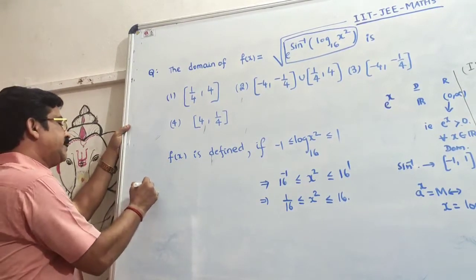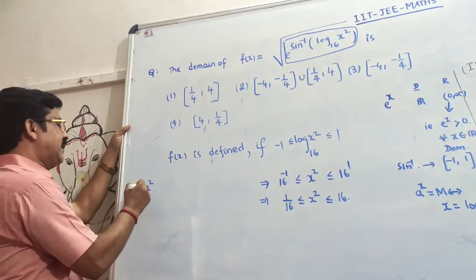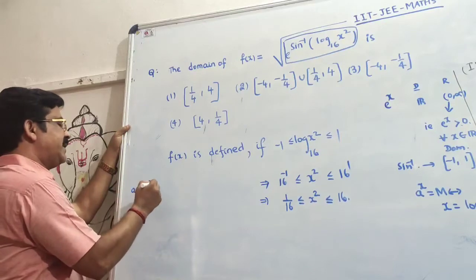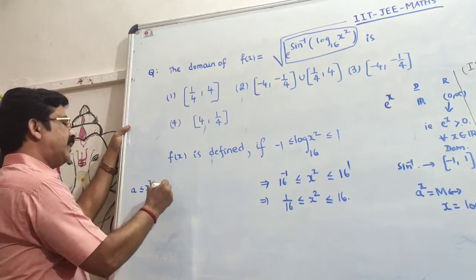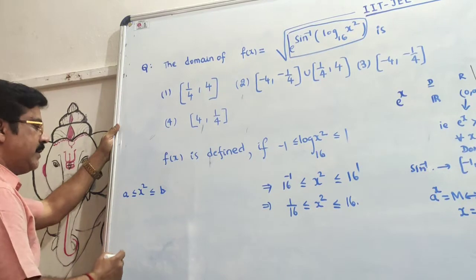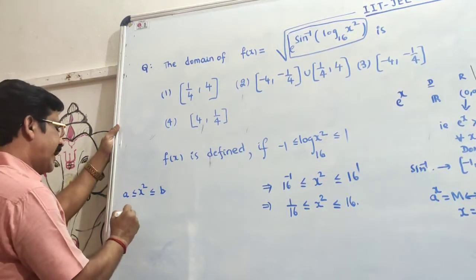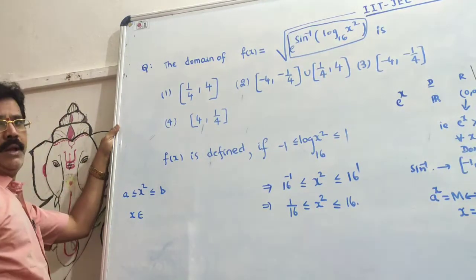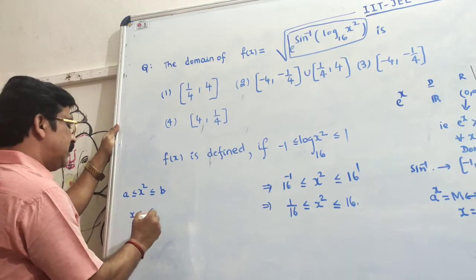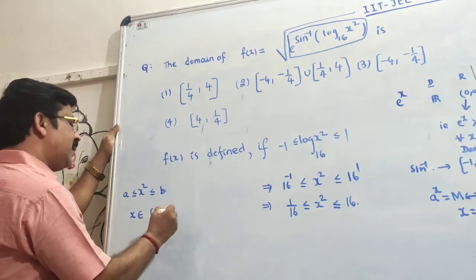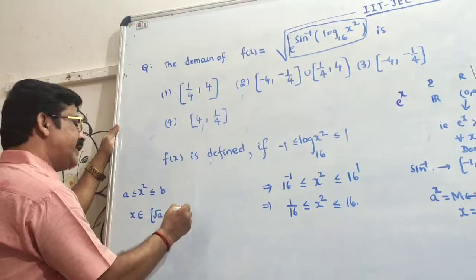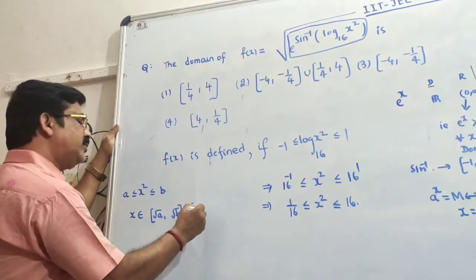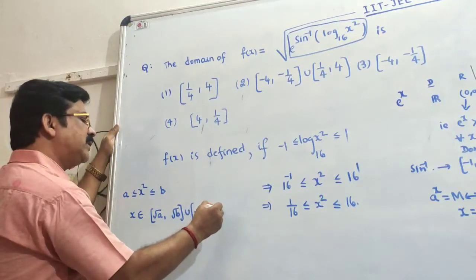If x² lies between a and b, then x belongs to [√a, √b] ∪ [−√b, −√a].